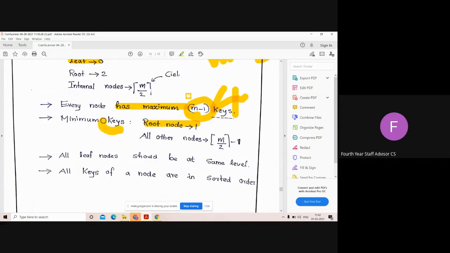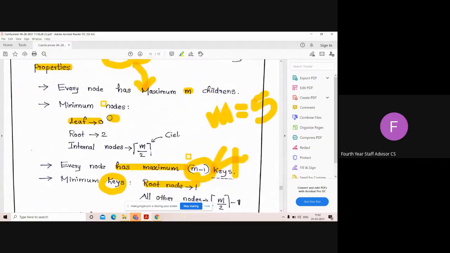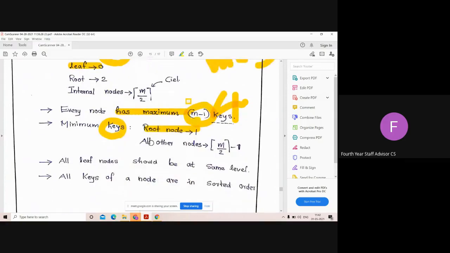This is the keys case, and the earlier one was the nodes case. All other nodes should have a minimum of ceil of m by 2, minus 1 keys.